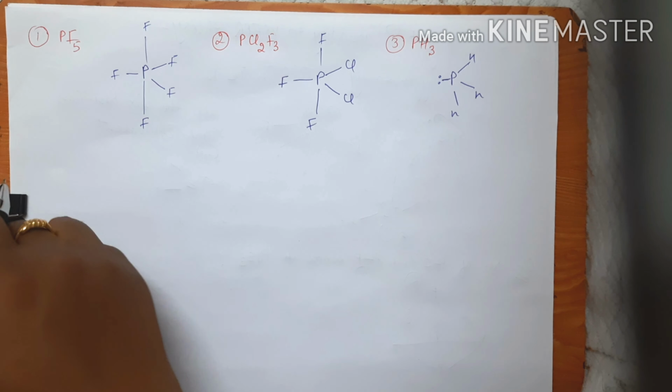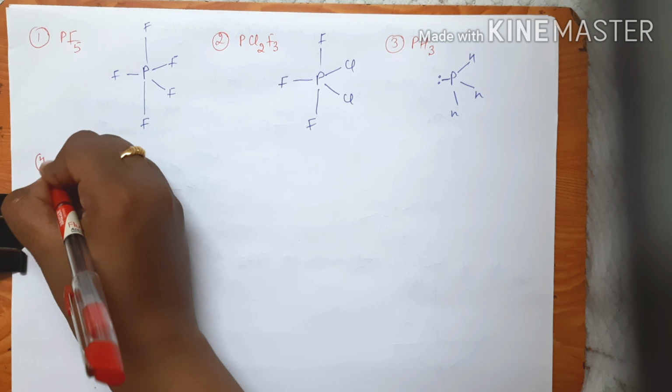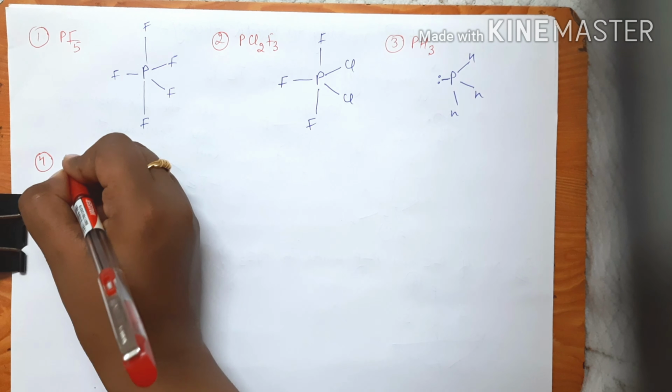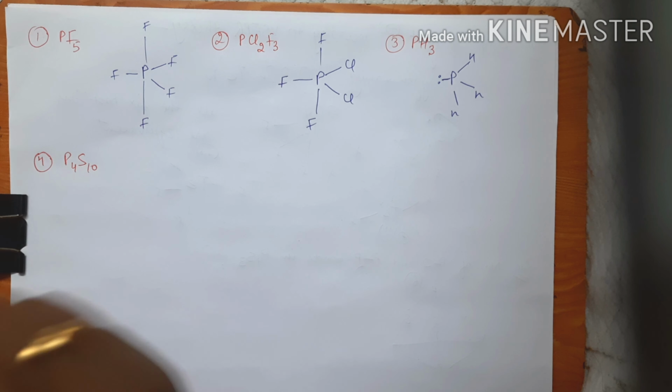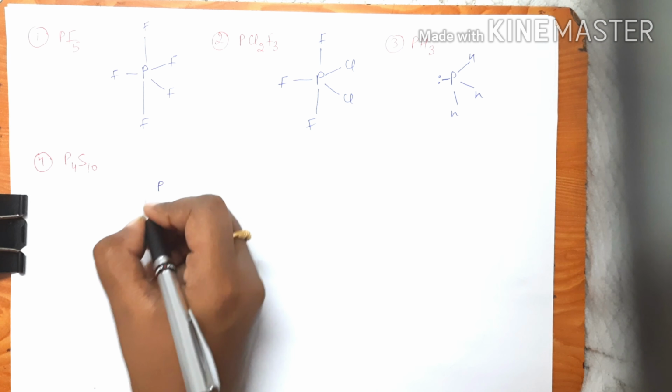Now the fourth one, P4S3, which we have discussed in the question. Next will be P4S10, that will be like this: phosphorus.